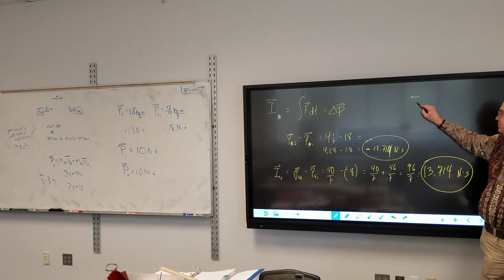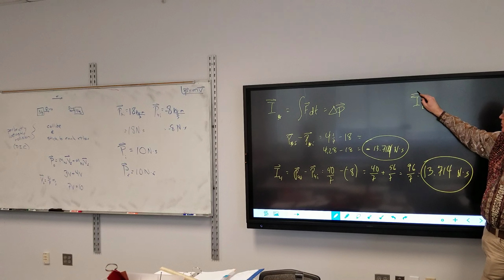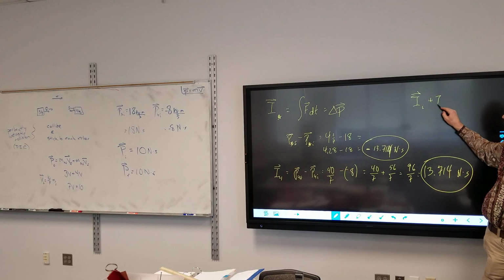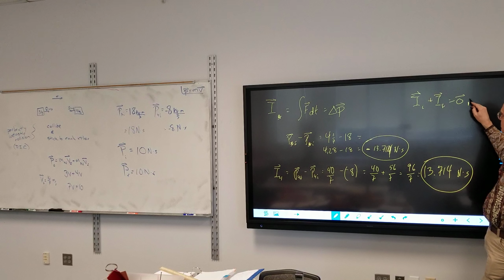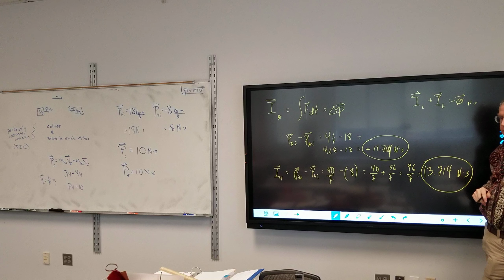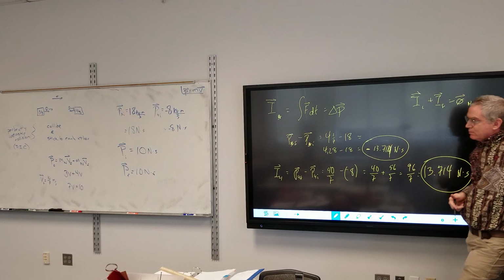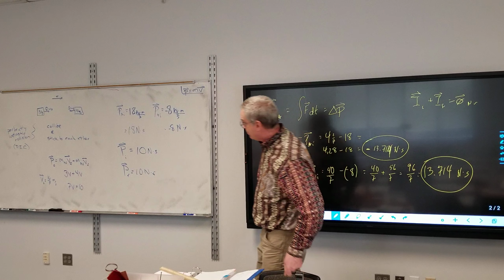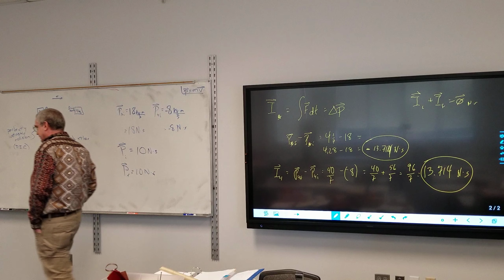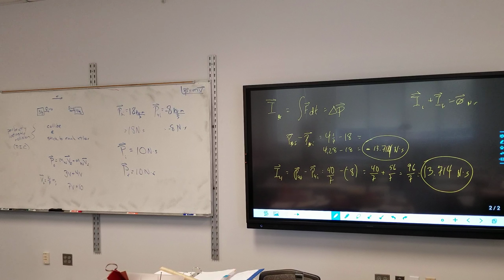So therefore, in total, the initial impulse plus the final impulse should be 0, because whatever one gains, the other one loses. That's conservation. Questions here?